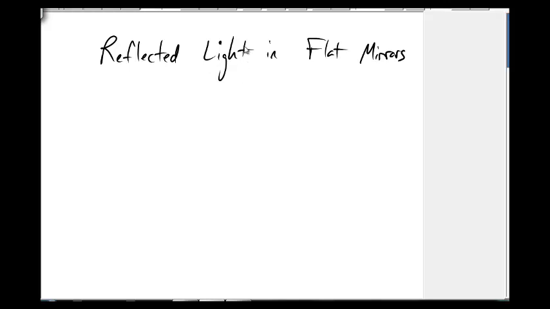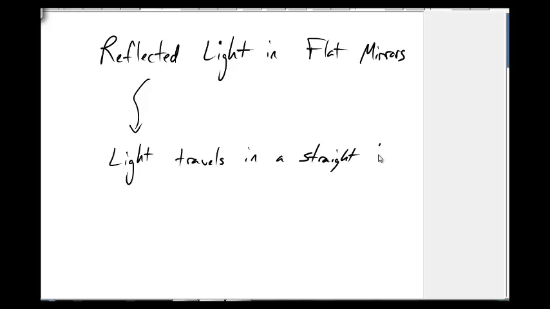And that's an interesting concept, because what I'd like to start with when we talk about reflection is that when we discussed shadows, we discovered that light travels in a straight line. It doesn't bend around stuff.